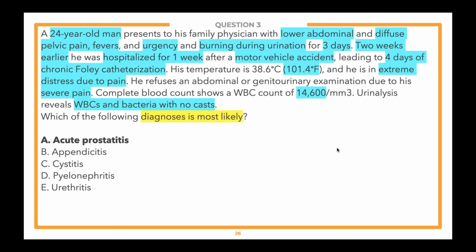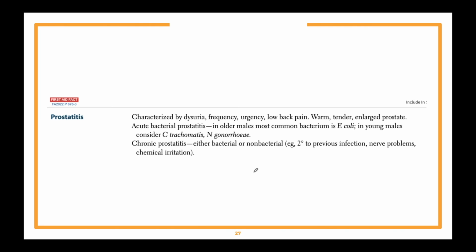If we take a look at the next slide, this is a tidbit on prostatitis from First Aid. You can see that these patients often have dysuria, frequency and urgency, like our patient, but also have back pain. Oftentimes, if you were to do a prostate exam, you could feel a boggy or enlarged prostate.